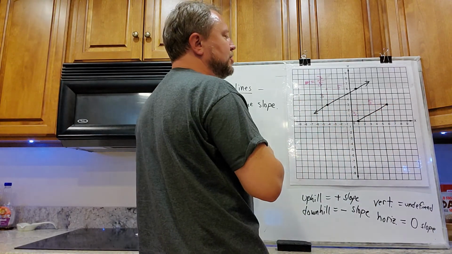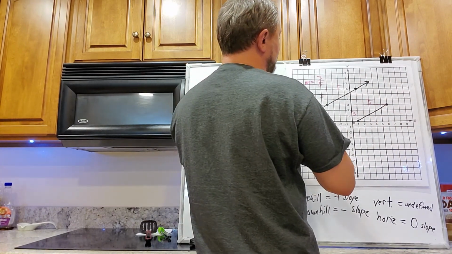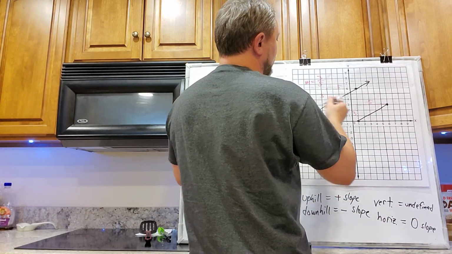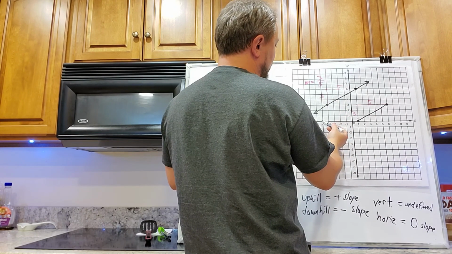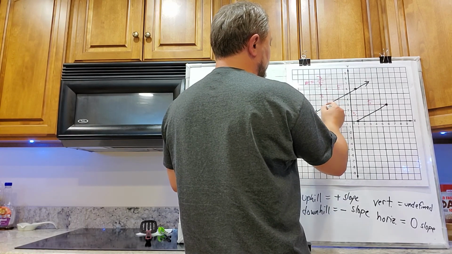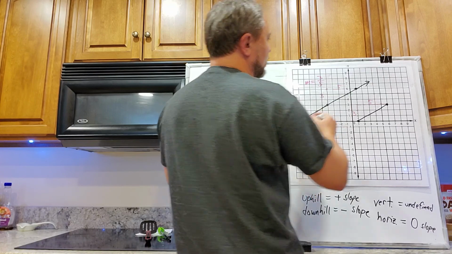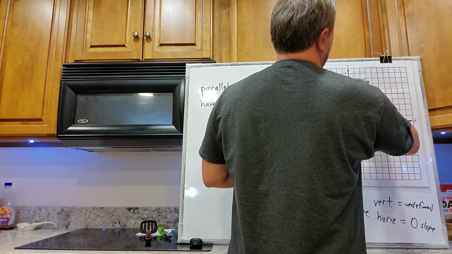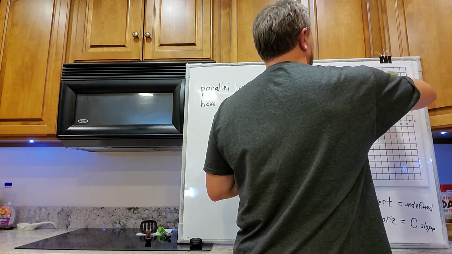So the slope didn't change any. But then this segment, maybe it keeps going for a while. Maybe it went, let's see, down another 3 and back another 5. 1, 2, 3, 4, 5. Maybe it went clear out to here yet. And then maybe it ended, let's just say, right there at that point.